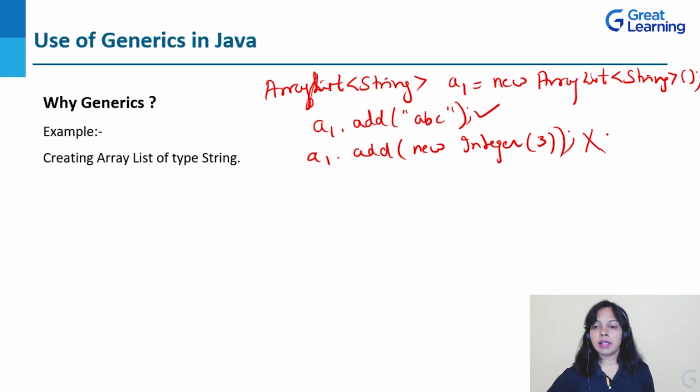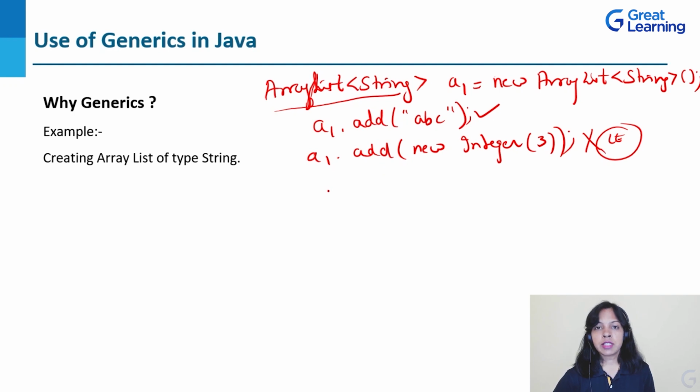It will throw a compile time error because it is using a generic class of type String. So A1 is an object which should store only data of type String. So it is going to throw an error. So you can't perform this line now. So this is how the first point is resolved with the help of generics, that is, it provides type safety.